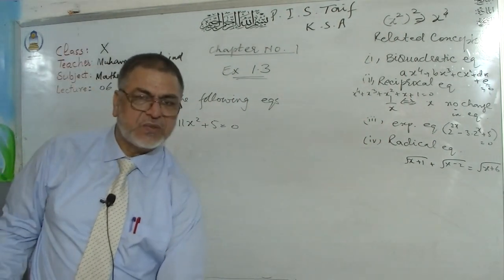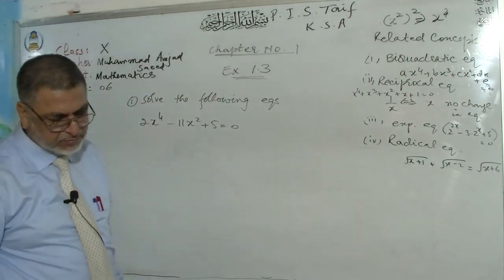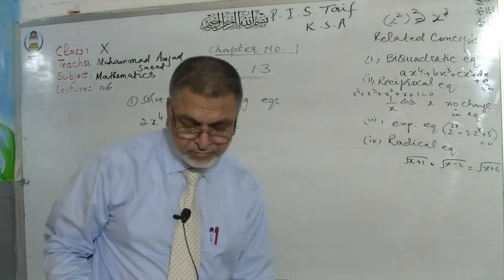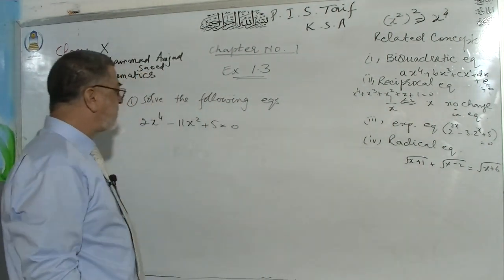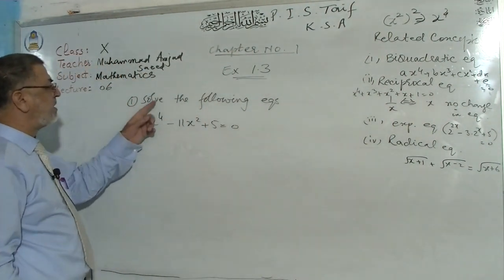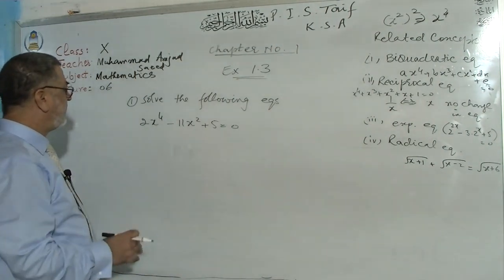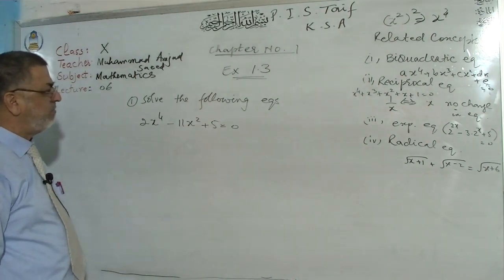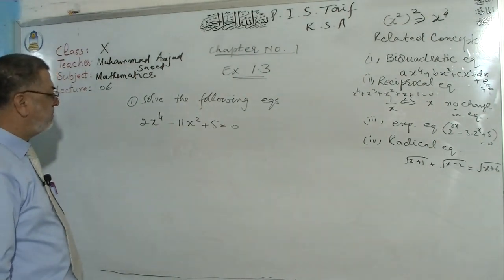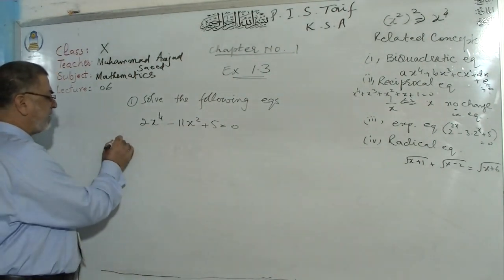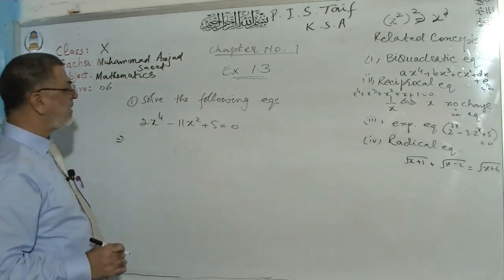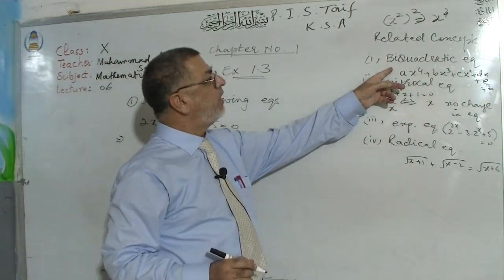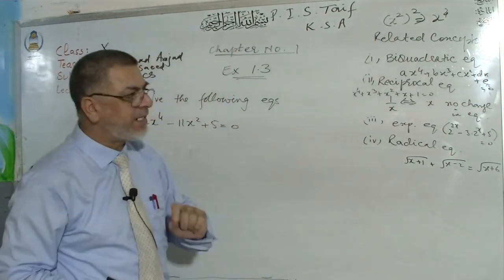I have written this first part. The first equation to be solved is 2x4 minus 11x square plus 5 is equal to 0. Remember that first of all we will convert this biquadratic equation into a standard quadratic equation.